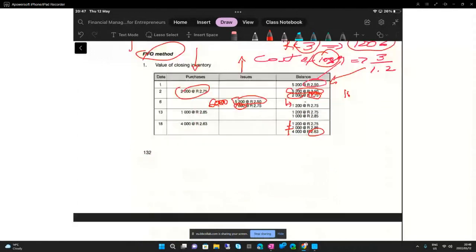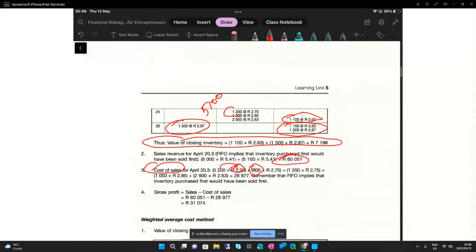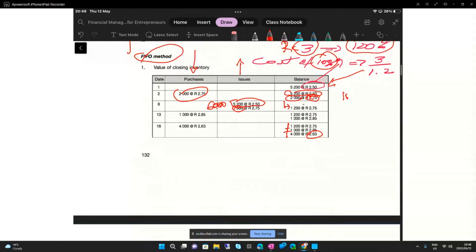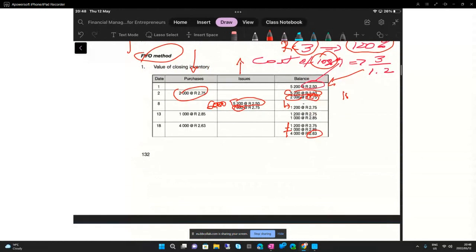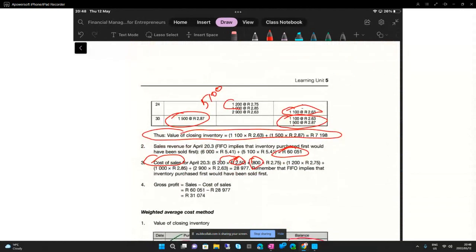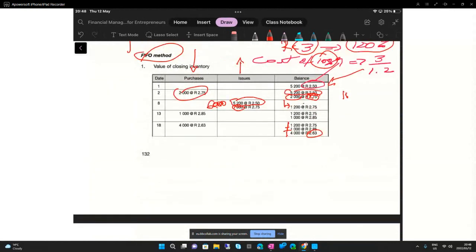The third purchase was the 1,200. Yeah, these two form the 2,000 units that were purchased.